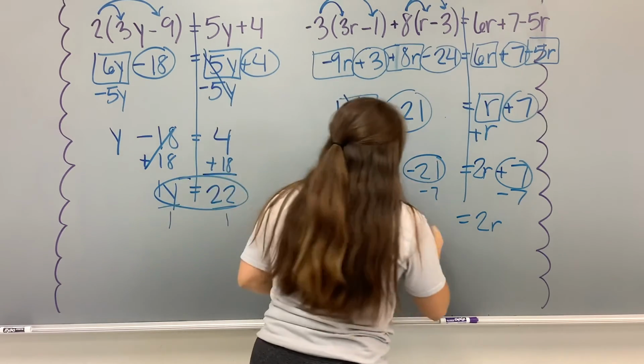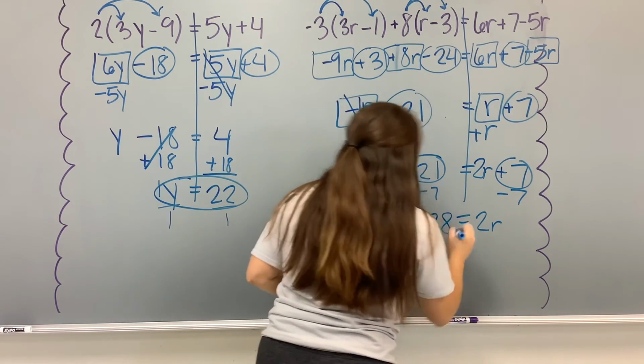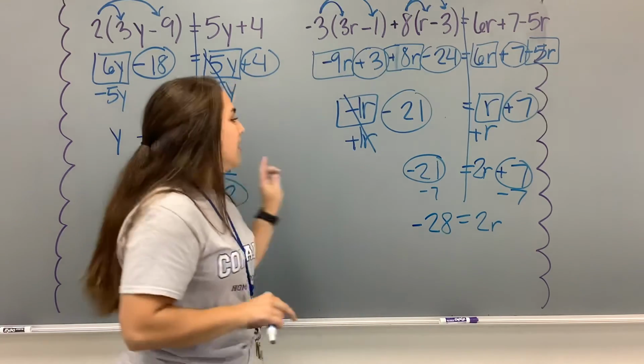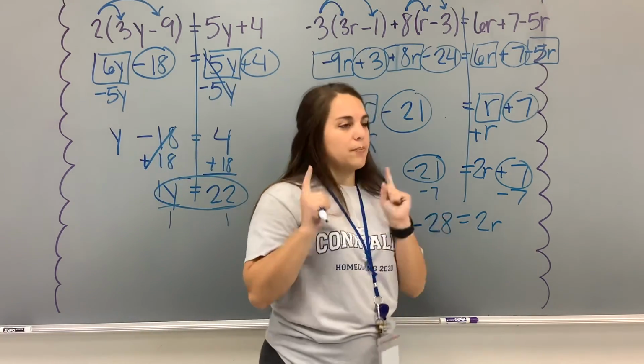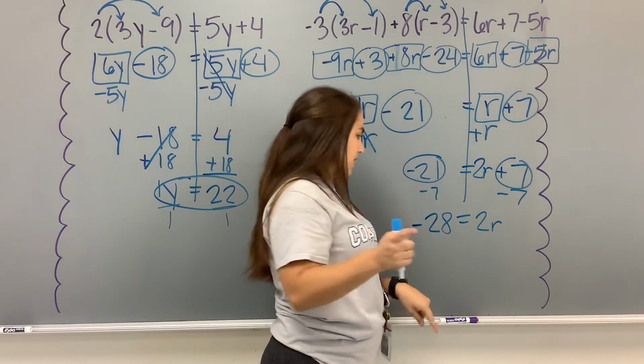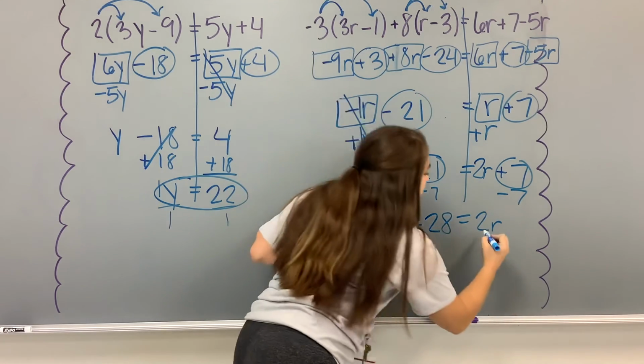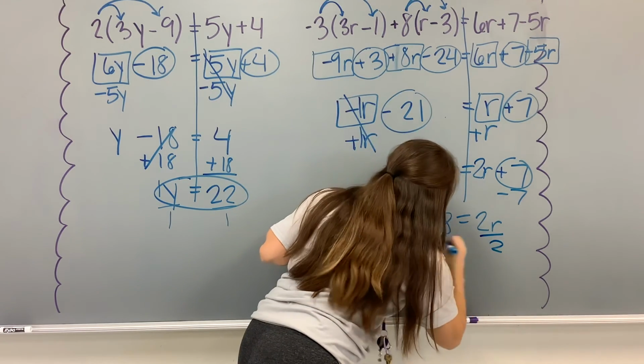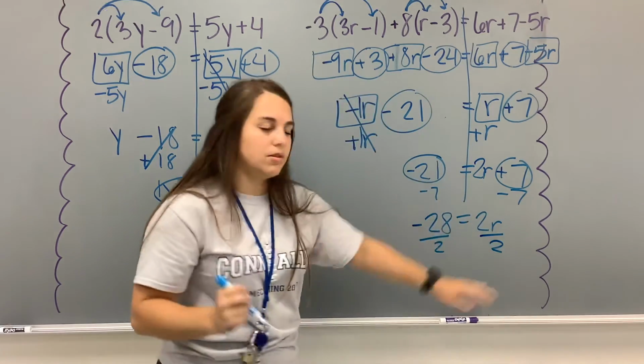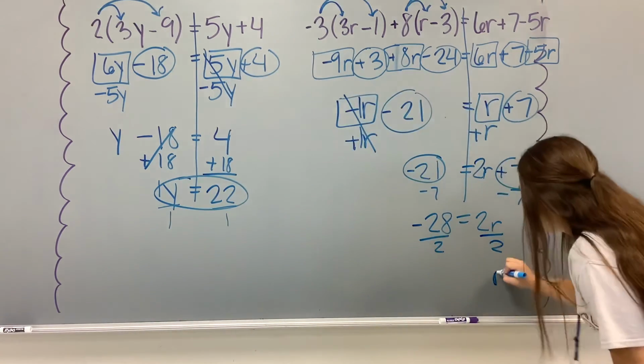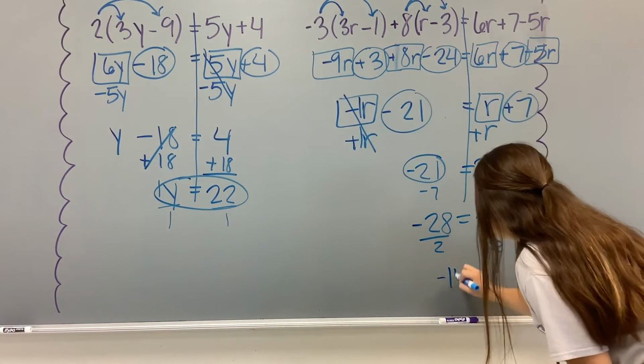Negative 21 minus 7 is a negative 28. You might be like, huh? I thought two negatives make a positive. Only in multiplication and division. Remember that. All right, we're almost done. The r is almost all the way by itself. We're going to divide by 2 on both sides. I get r equals negative 14.